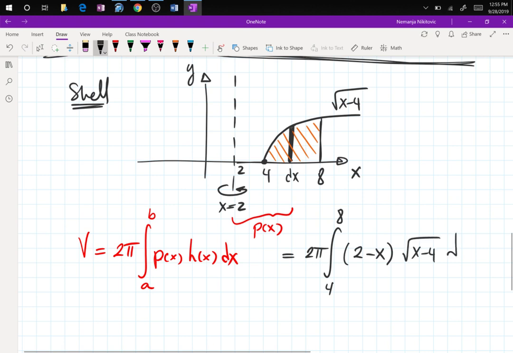So no shifting of any functions or anything like that. The shift of the rotational axis is within the p of x. And that's the part. Now, integrating this obviously is going to be the standard integration. Nothing special. You asked me mainly about how to set this thing up.